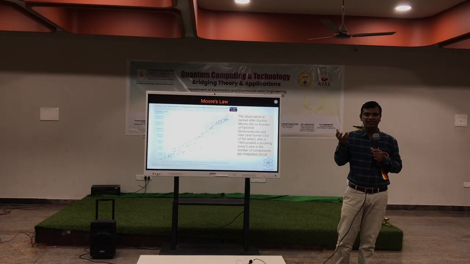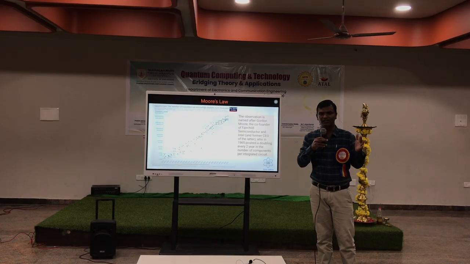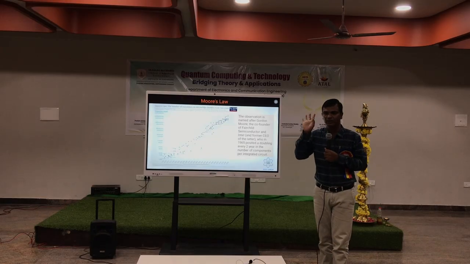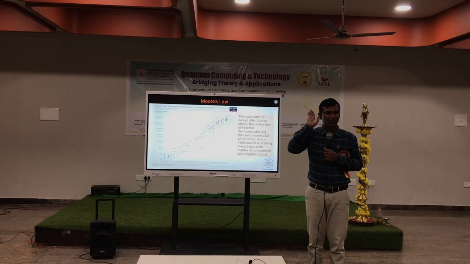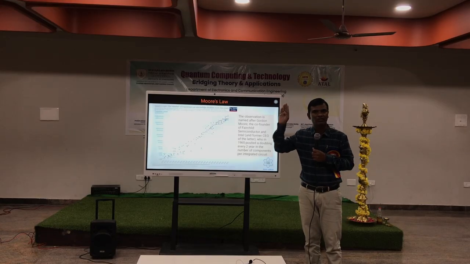You can decolor it or add color, all this you can do. As the complexity of the data increases, please keep in mind, your computational resources will increase.